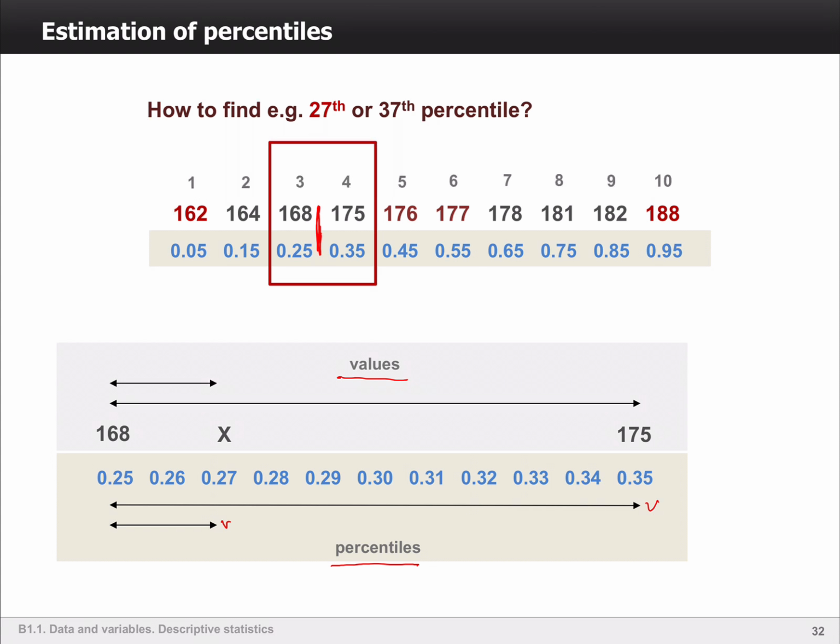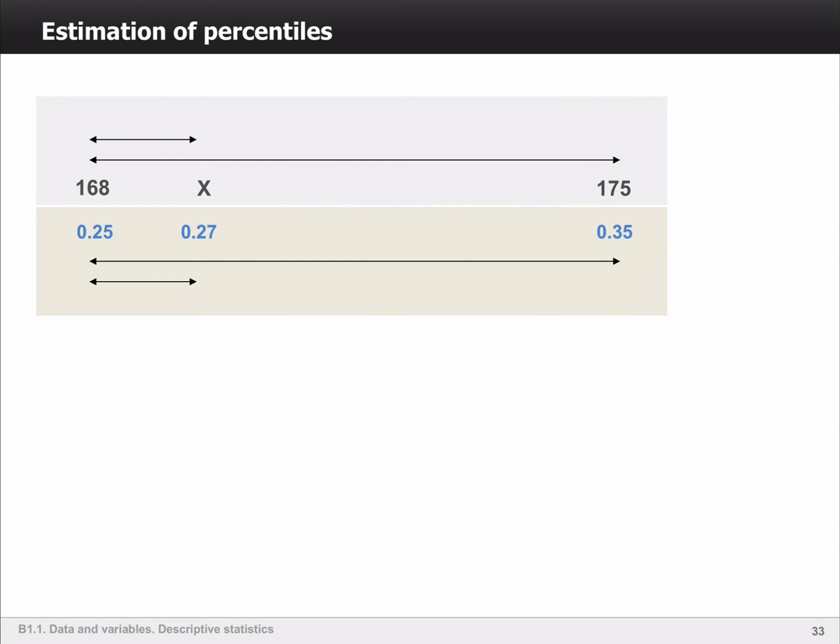Okay, so let's use this assumption to calculate the x, to find the x. Well, we have 5 knowns and 1 unknown. To calculate this distance in the variable space, we just take the difference between the largest and smallest value, and then we do the same in the percentile space.